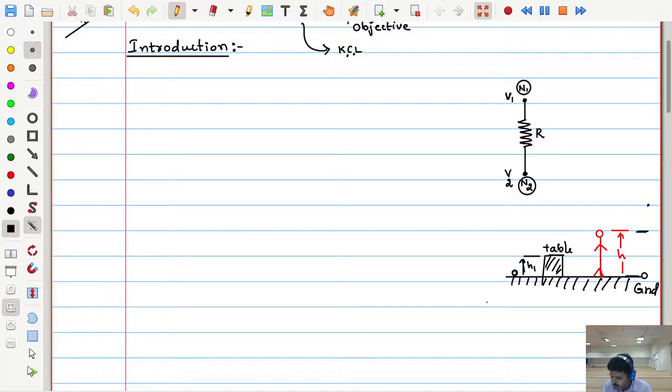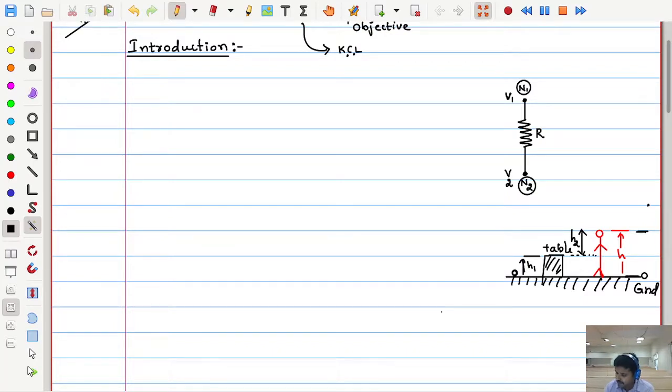Then I can say this person is at a height of h2 above the table. In this way we can state a person's height in many ways: from the reference of ground, which is of 0 height, the total person height is h centimeters; or if I know some reference object, a table, then above the table he has a height of h2.